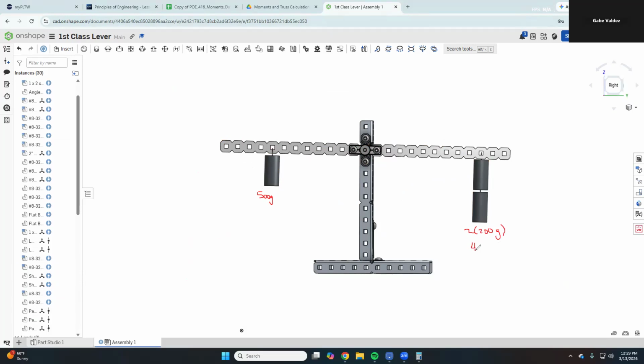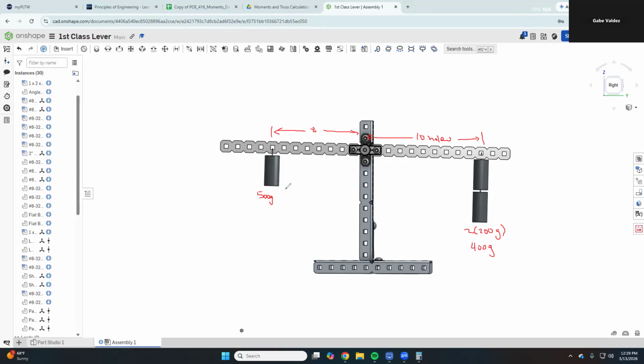So 400 grams. To get that to balance out, we'd have to put those 10 holes away from my fulcrum. And that's going to give me 400 times 10, so 4,000 gram holes. This is 500 times 8 holes.